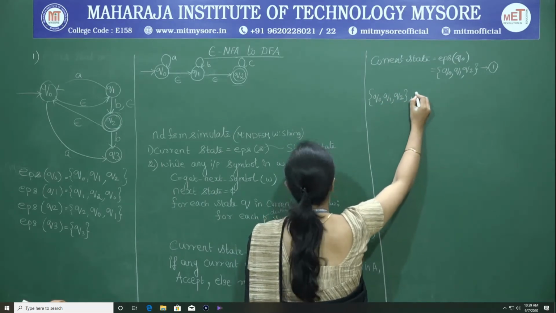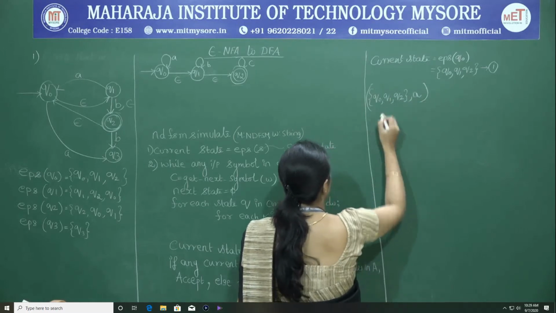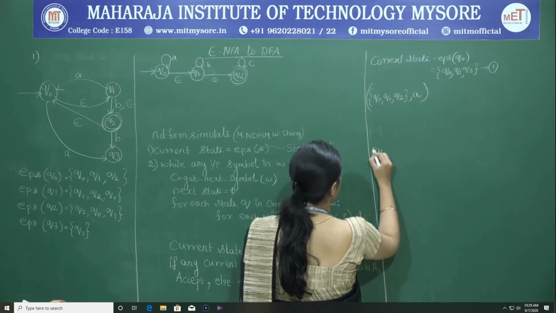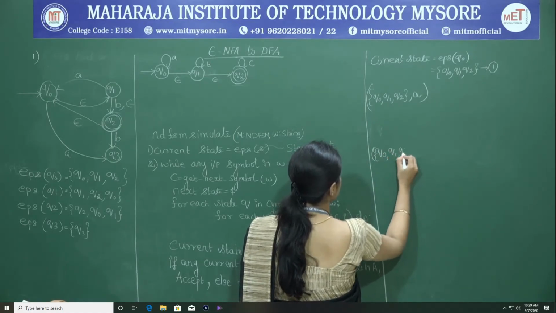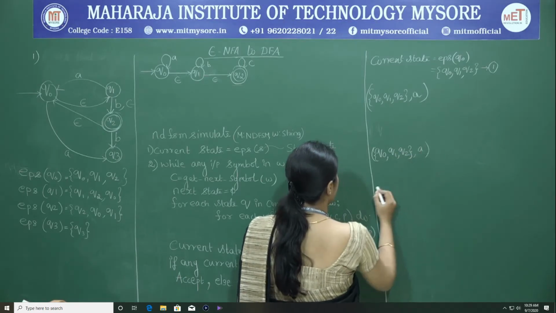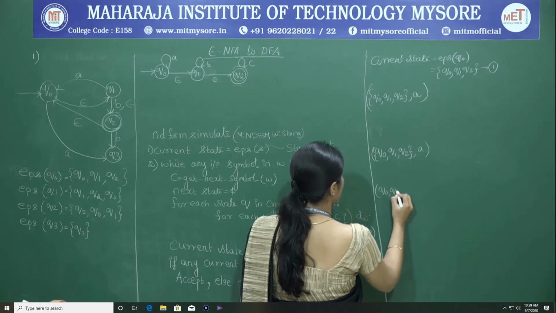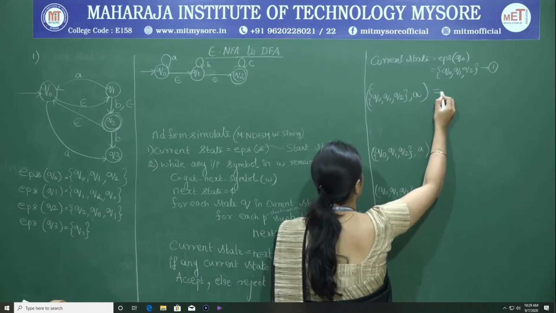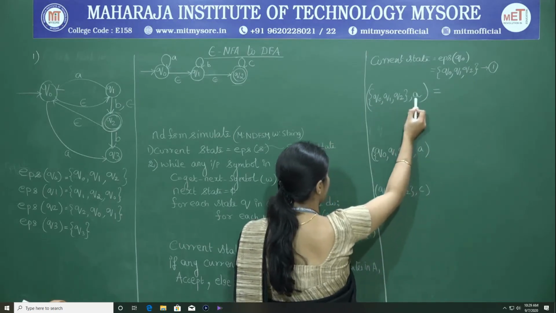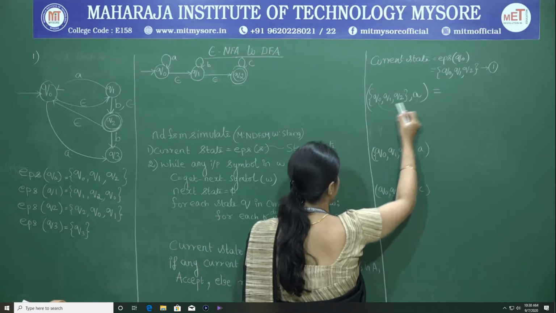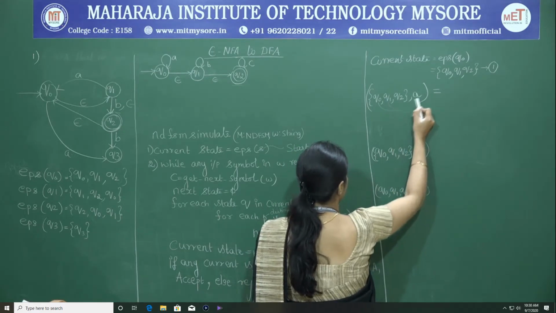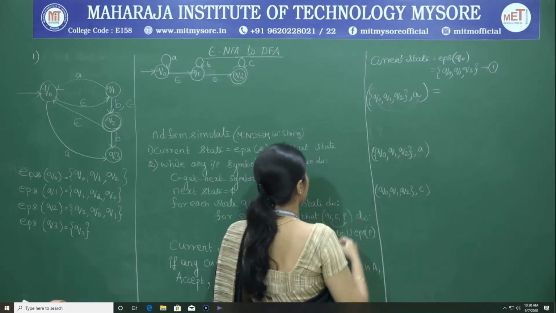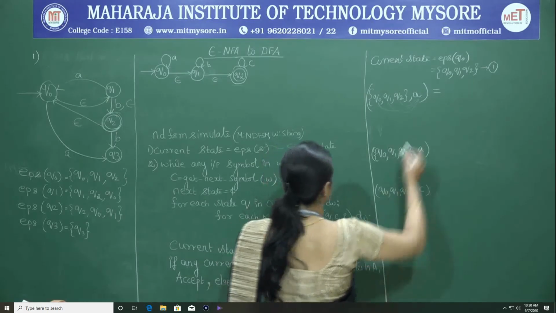Now from this we are going to find the transitions on A, on B, and also on C. So we write Q0, Q1, Q2 on A. That means first we find Q0 on A, second Q1 on A, and third Q2 on A. Q0 on A is going to Q0.